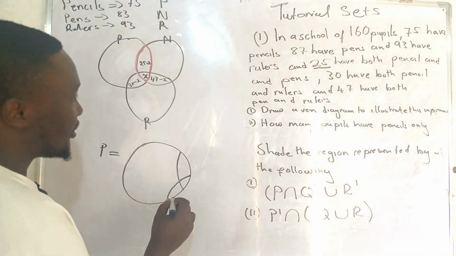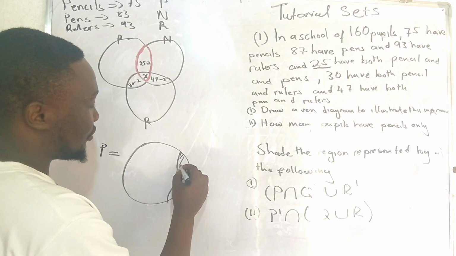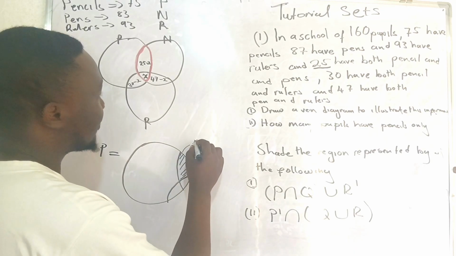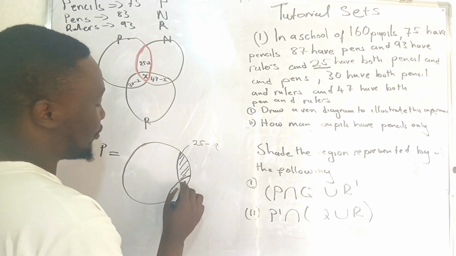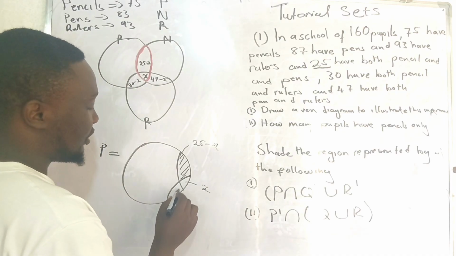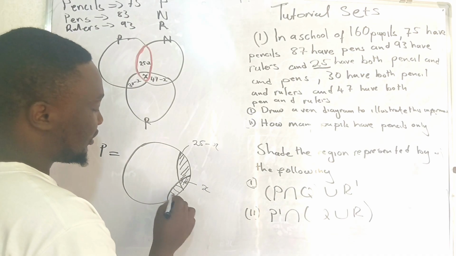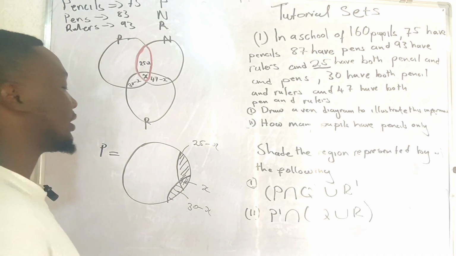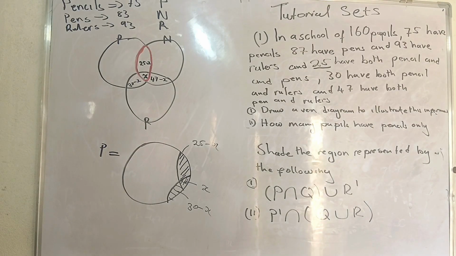So we need to remove this first region, which is represented by 25 minus x. We need to remove this region, which is represented by x, and we also need to remove this region, which is represented by 30 minus x, so that we remain with the region for P.